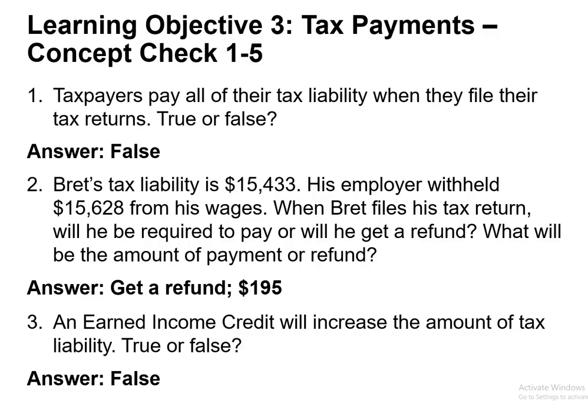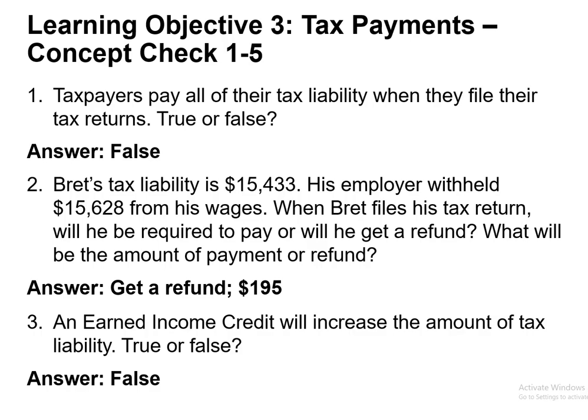We do not pay all of our tax liability when we file a return. We compare what our tax liability is, calculated in our tax formula, with what was withheld. We file a tax return, and we're going to get a refund because the employer withheld more than Brett's tax liability, which is calculated using his year-end income.